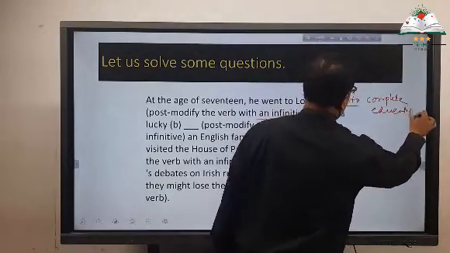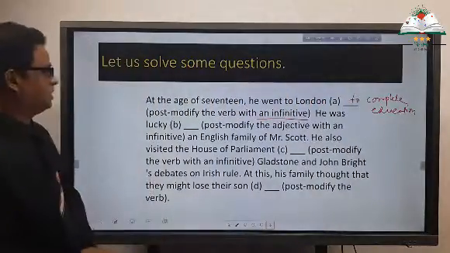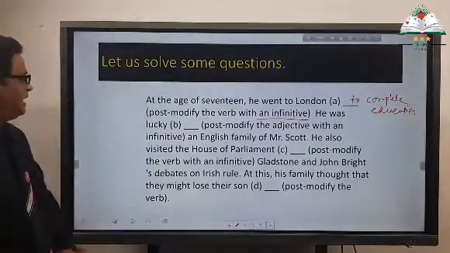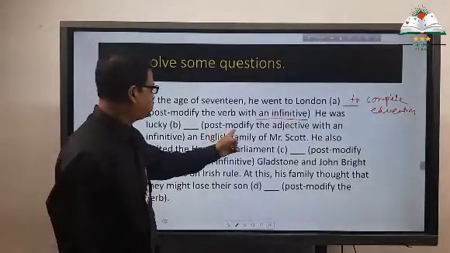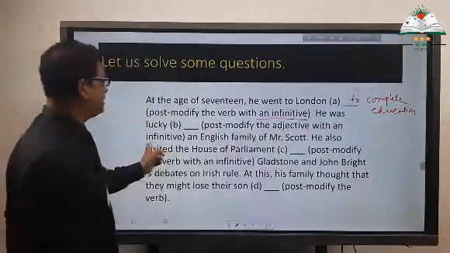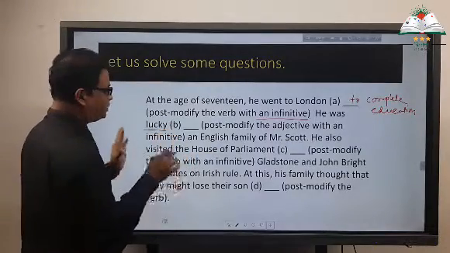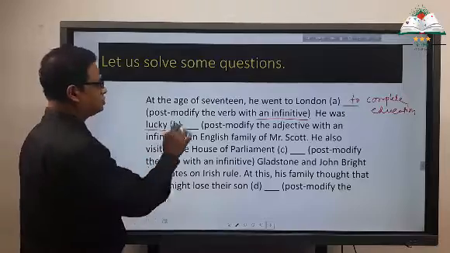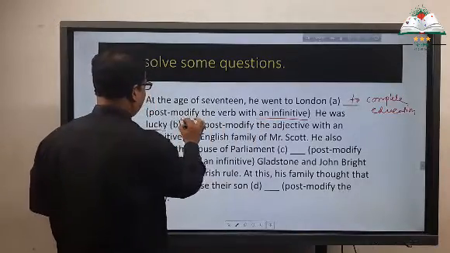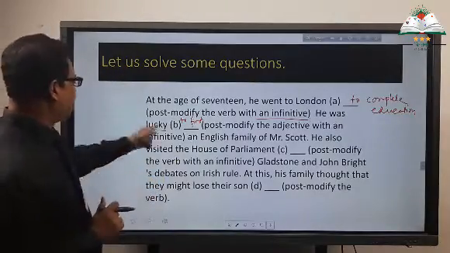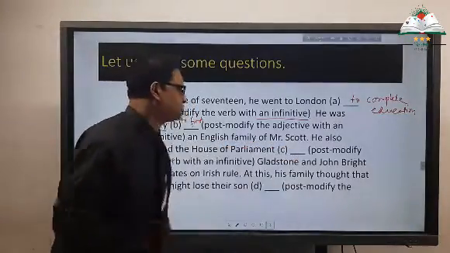Now, come to the second point. He was lucky. Again, you are asked to post modify the adjective with an infinitive. Just before we learned, this is an adjective, and you are asked to use an infinitive. So, he was lucky to find. You can write: He was lucky to find an English family of Mr. Scott.